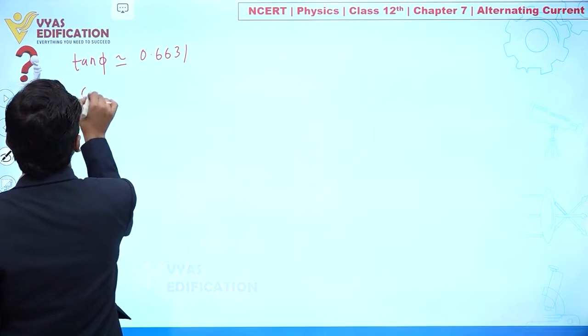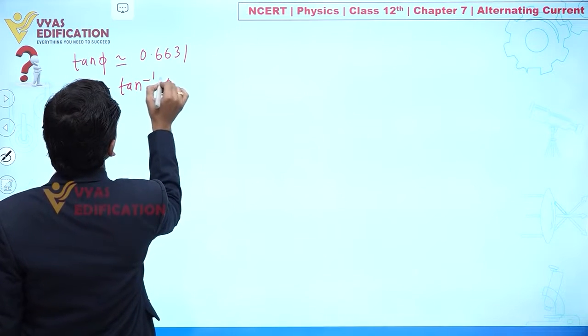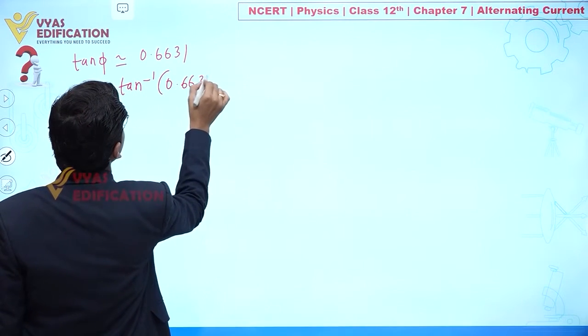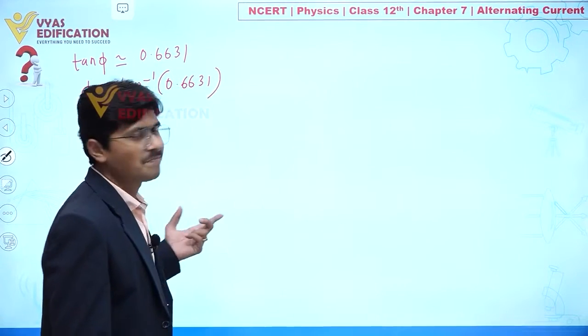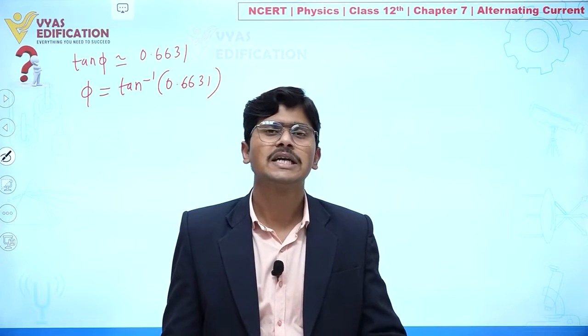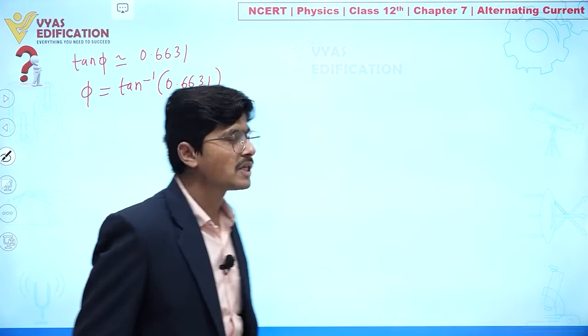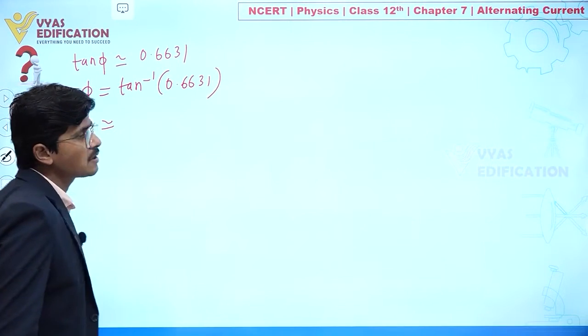So from here we can say the value of phi we can write like this: tan inverse 0.6631. Clear? Now from where will we get this value of tan inverse? Definitely from a calculator, because this is not a general or standard value. But I am saying you can take some approximation.